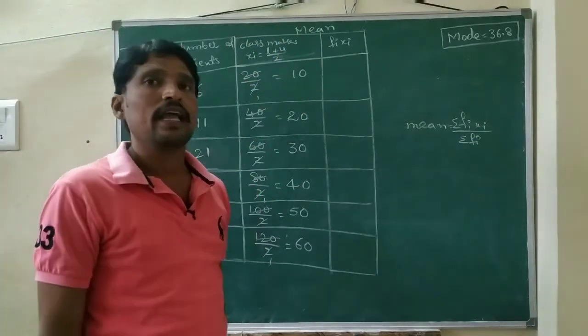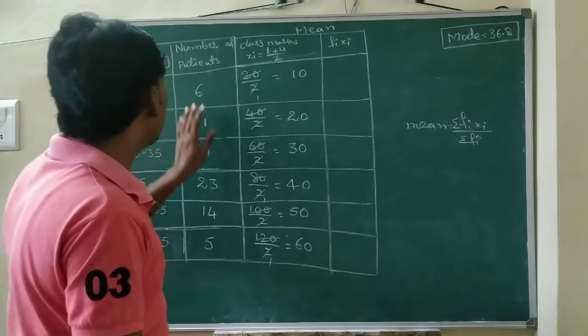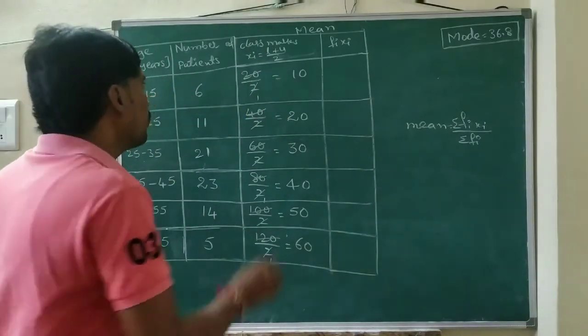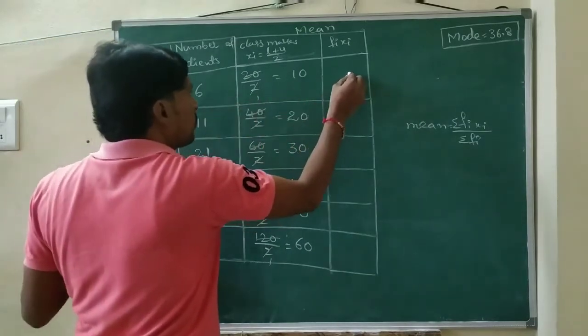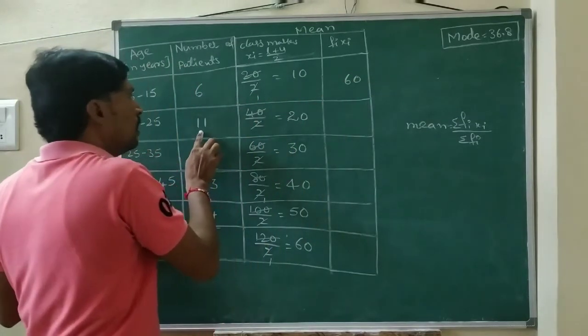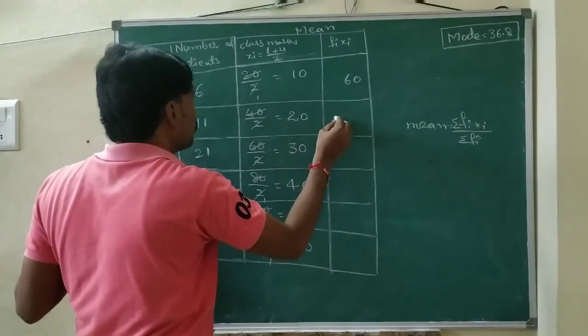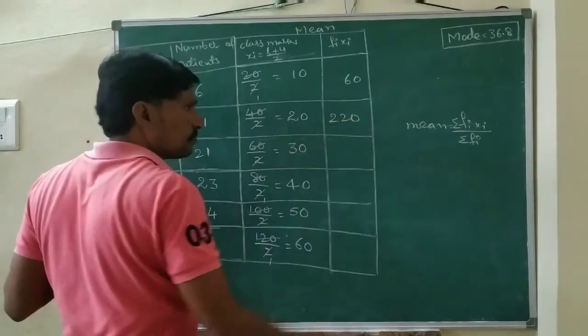Now we need to take fi and xi, where fi means frequencies and xi means class marks. 6 into 10 is 60. 11 into 20 is 220.